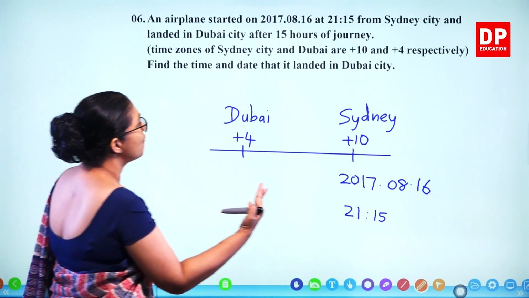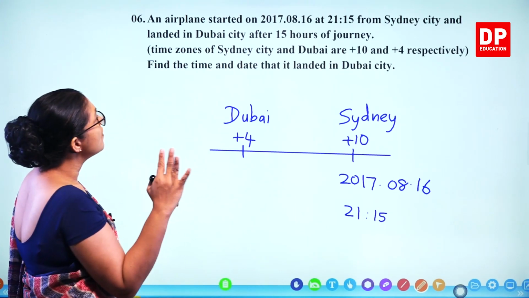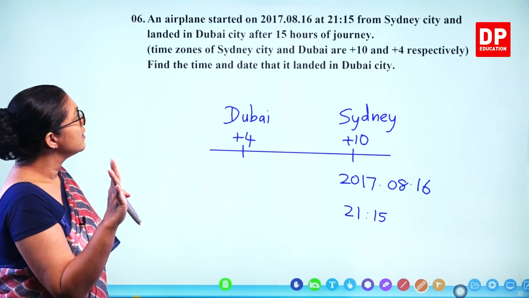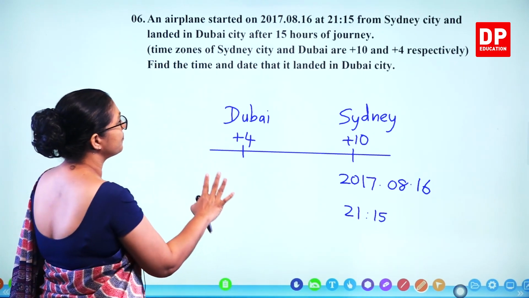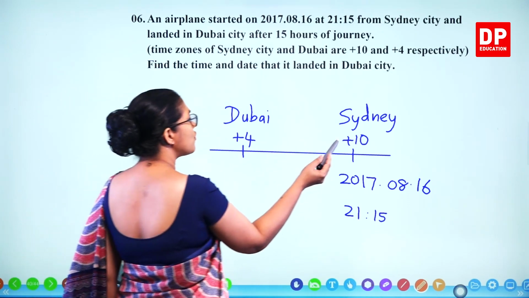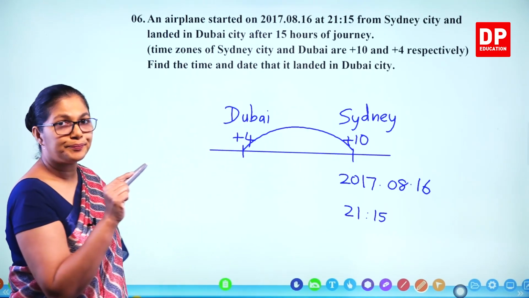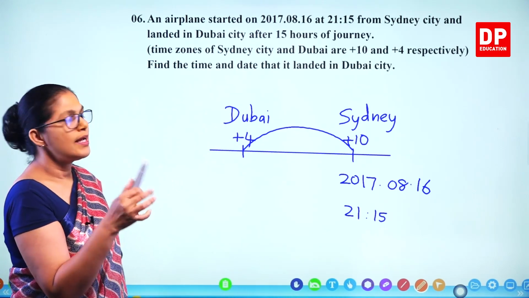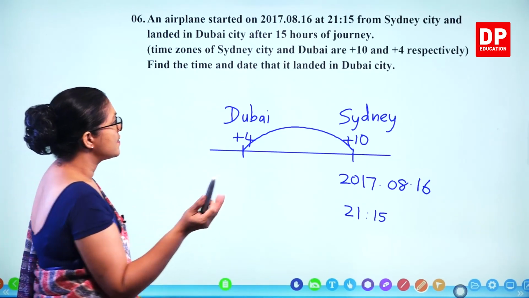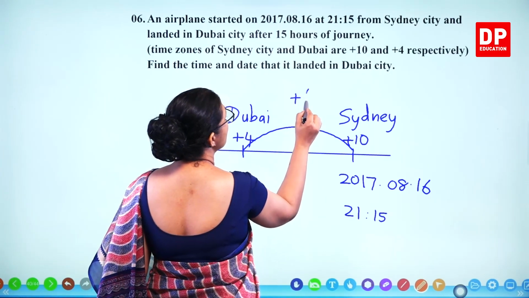And 15 hours of journey. So it landed here. But we have to first find out what's the actual time difference here. 4 and 10, that's 6. 6 is the time difference.